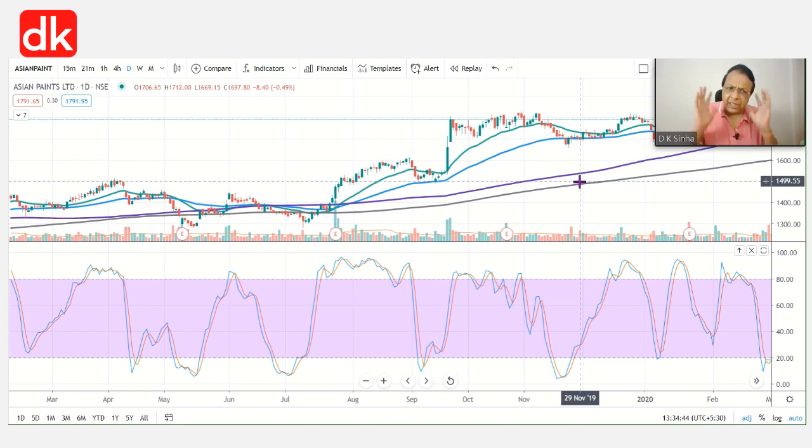Similarly, opposite, I have just given you an idea through this example. If the market is trending down, you will find that stochastic spends lot of time in the oversold area, and any kind of crossover in oversold area in the downtrending market is of no significance.